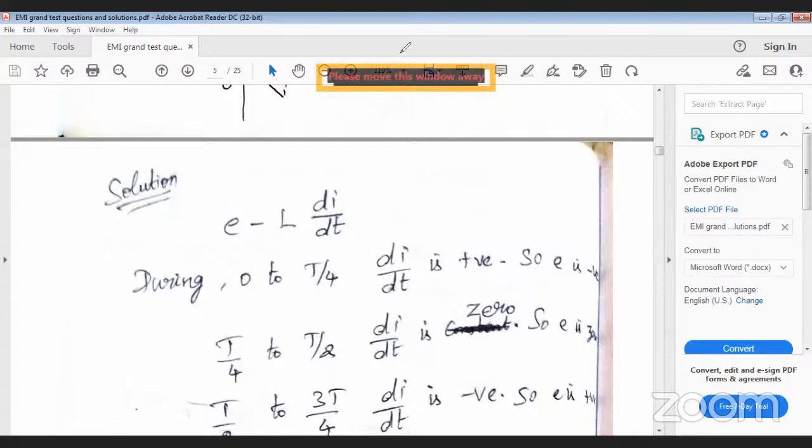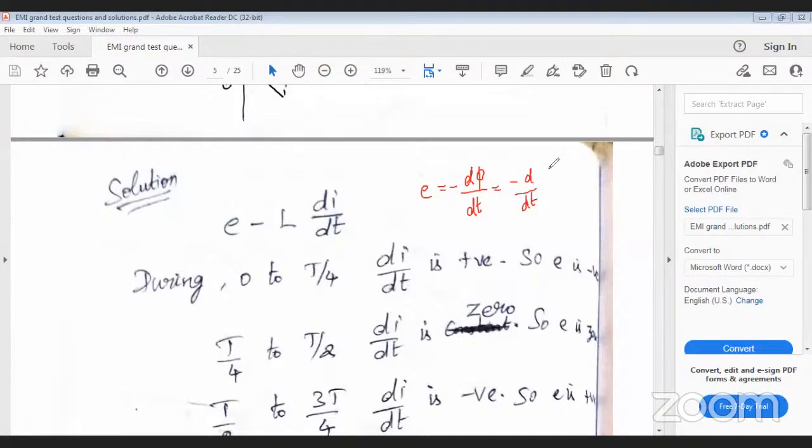So instead of phi, you can put Li. You can take L outside, and it will be di by dt. So E equal to minus L into di by dt. That means the EMF depends on the variation of the current with respect to time.